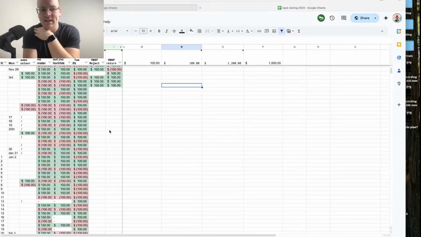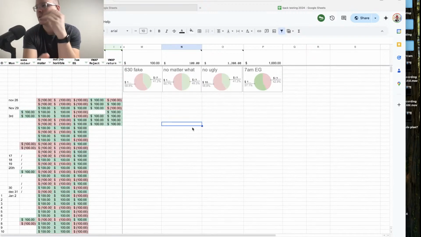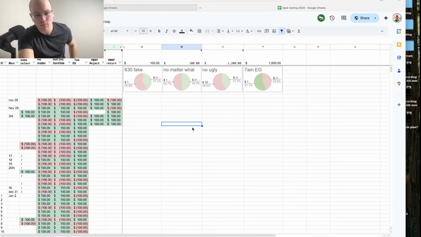I just add a date and I go, okay, let's pick something systematic. Because if it's subjective, it's hard to test, man. It's really hard to test if it's not systematic. If you're gonna say, when price rejects off a supply and demand zone, what does that mean?